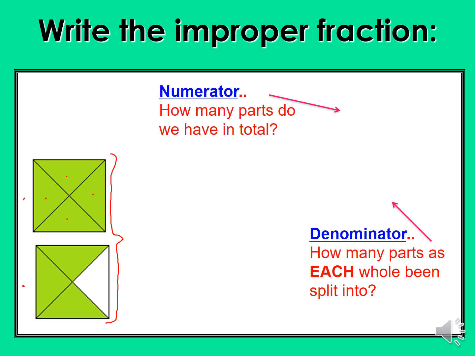So that tells us the denominator of the fraction will be 4, because that's how many parts each whole has been split into, not all together, but each whole. Then how many parts have we got? We know we've got 1, 2, 3, 4, and we've got 5, 6, 7. So our top heavy fraction here would be 7 over 4, because each one is split into 4 parts, and we've got 7 parts altogether.